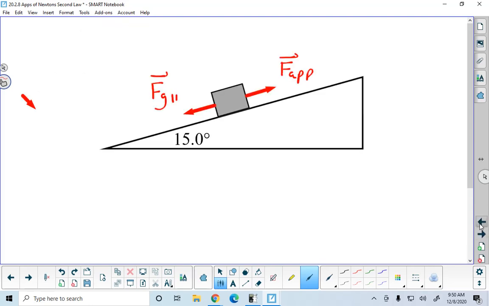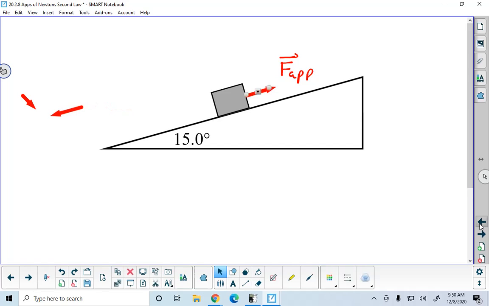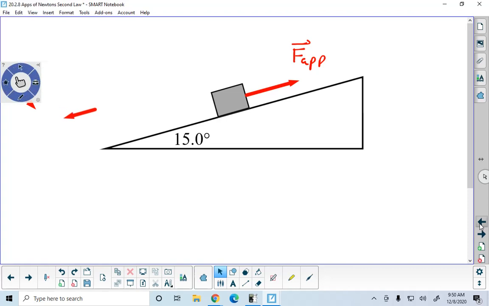So wait a minute. If I pull the box up the ramp, and I look at the forces that are acting down the ramp, this time there are two forces acting down the ramp.